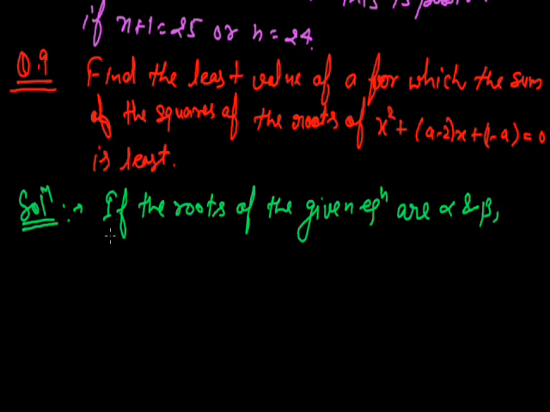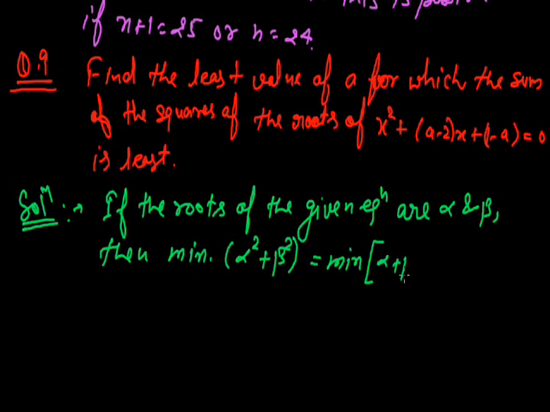Then we have to find the minimum value of alpha square plus beta square, which may be given as the minimum value of alpha plus beta's whole square minus 2 alpha beta.